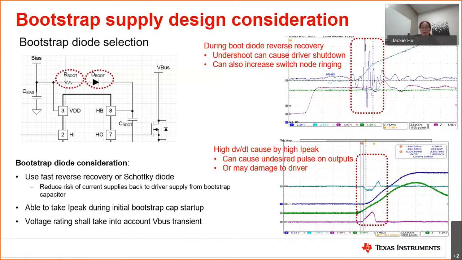For example, you might observe undesirable pulses at the output, or a high dV/dt can potentially damage the HB pin as well. Because of that, we recommend adding a current limiting resistor in series with the diode. It can be a small, like 1 to 2 ohm resistor, just to limit the peak current.